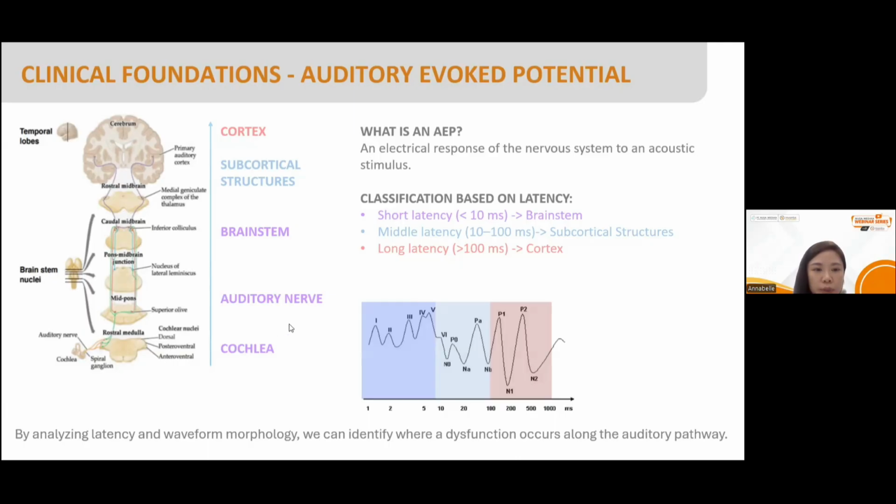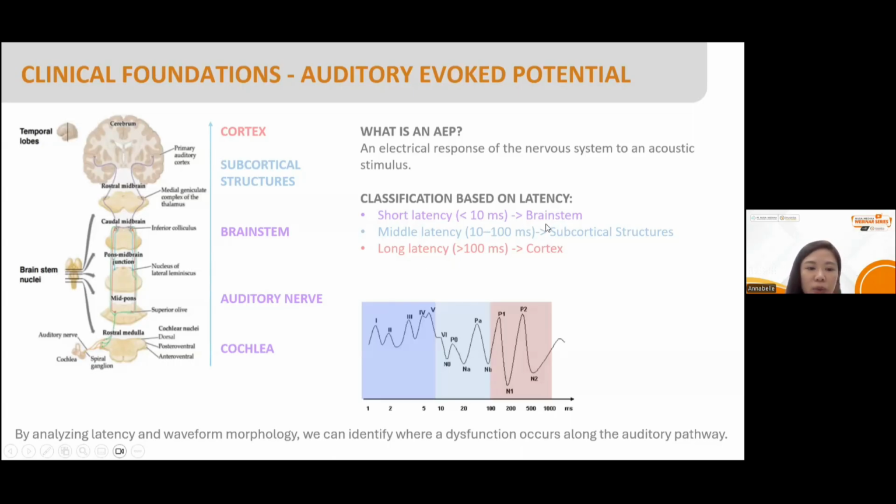Okay, so this is the anatomy of our nervous system, a very brief one. At the end we have the cochlea, then the spiral ganglion and the nerve, then the spine, and different parts of your brainstem, where the nervous system connects together.